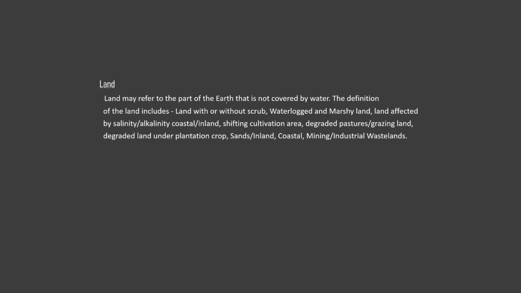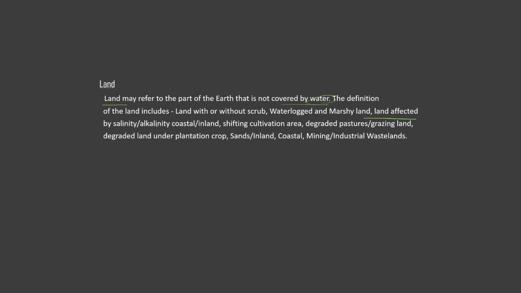Land may refer to the part of the earth that is not covered by water. So that part of the earth which is not covered by water is considered as land. The definition of land includes land with or without scrub, waterlogged and marshy land.